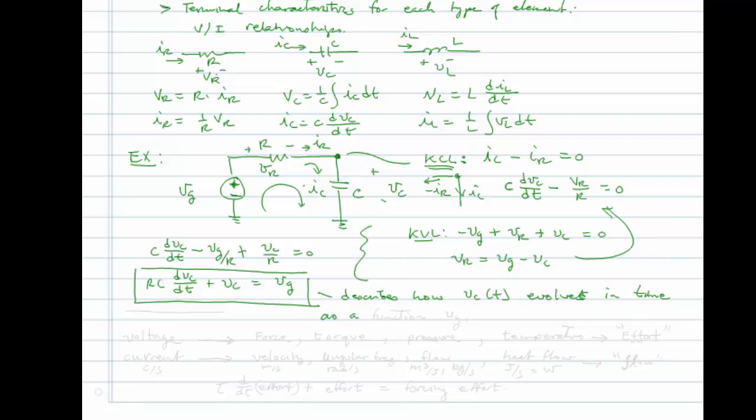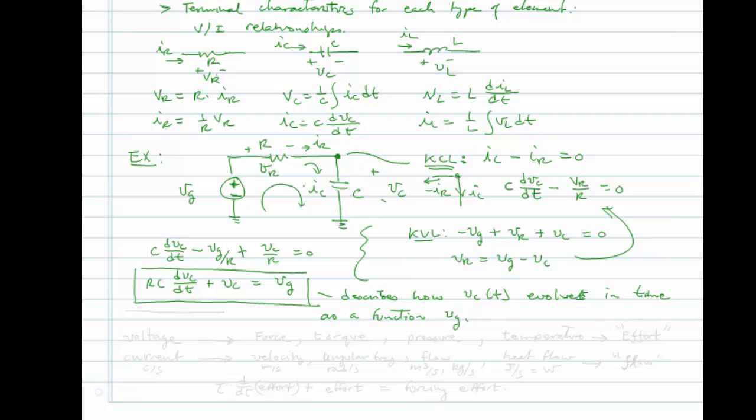And it's as a function of VG. Of course, it becomes more difficult to solve if VG is changing in time, but nevertheless, we would use this differential equation to solve for VC as a function of time, theoretically for any arbitrary VG signal that excites the system.